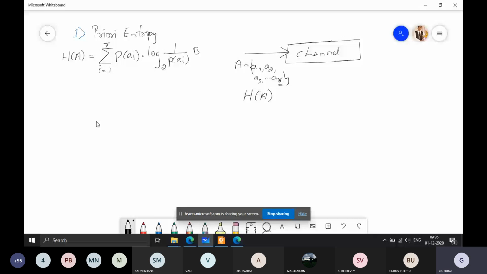We apply the same formula here, but with R symbols at the transmitter end. Any doubts? This is known as priori entropy.